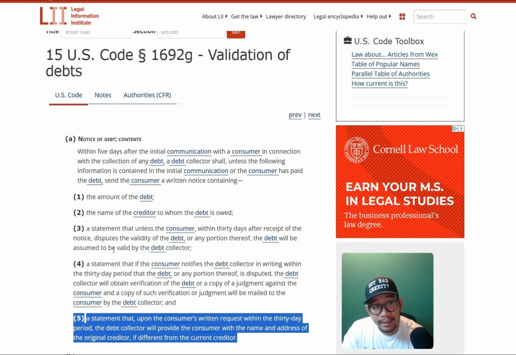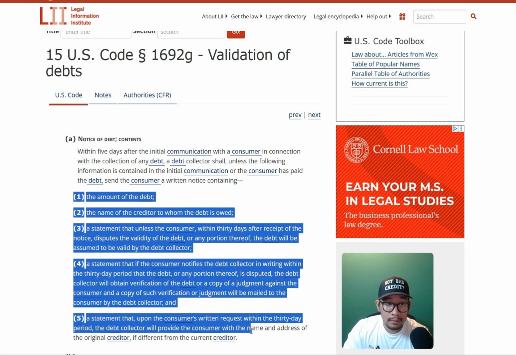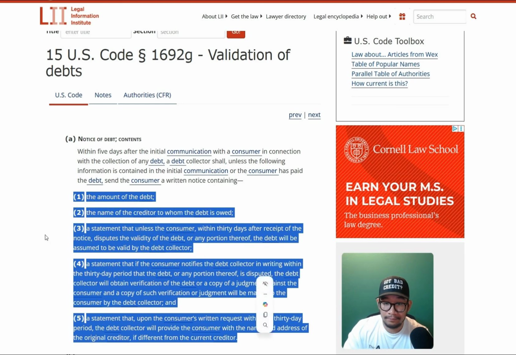Now, let's break that down in plain English. After the first contact, debt collectors generally have 5 days to send you a complete G(A) notice, unless the first communication already contained all the required information.